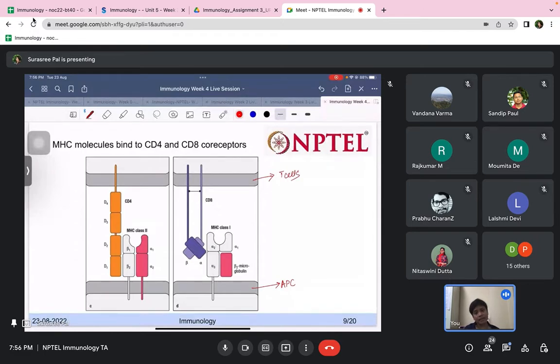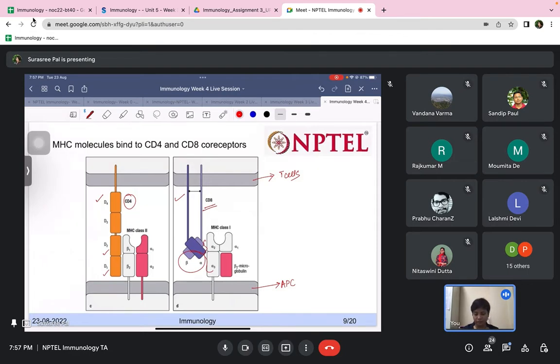And how do different MHC molecules bind to different co-receptors, CD4 or CD8? You can see here there's a difference in structure between CD4 and CD8. In the case of CD4, D2 and D1 are the two domains which help in interaction with MHC class 2, whereas CD8 interacts with the alpha 2 or alpha 3 region of the MHC by the alpha and beta chains of the CD8 molecule, right?